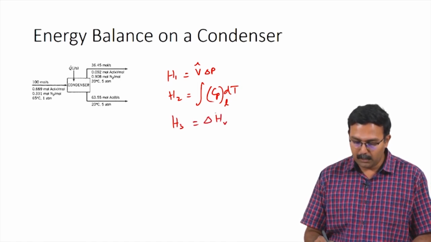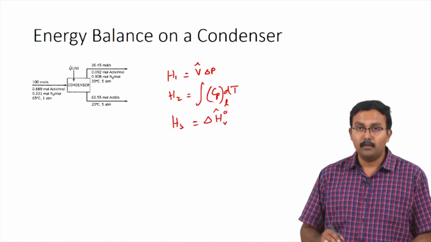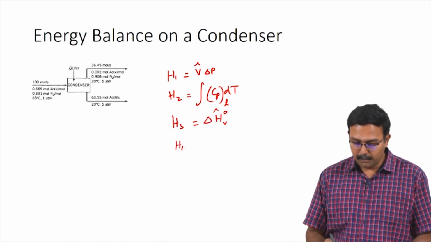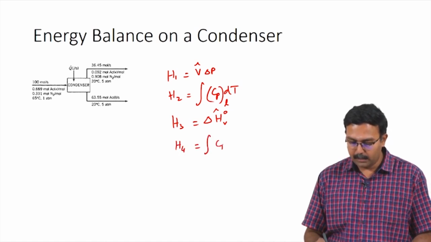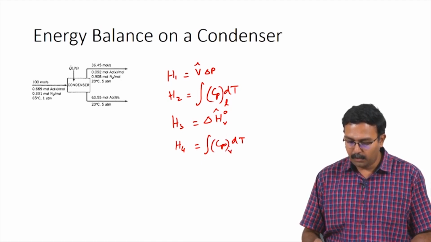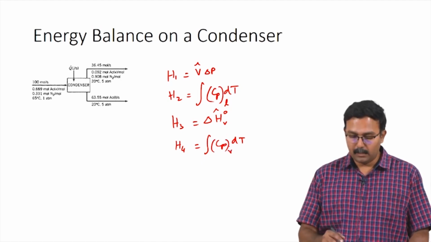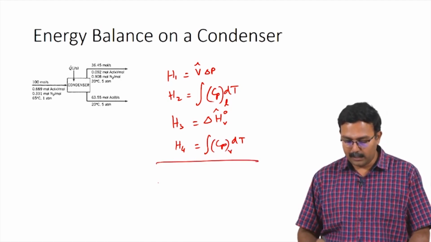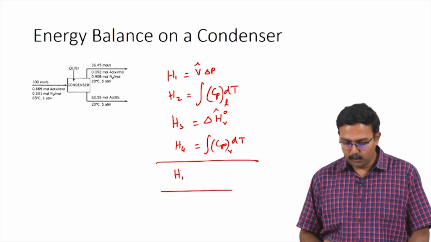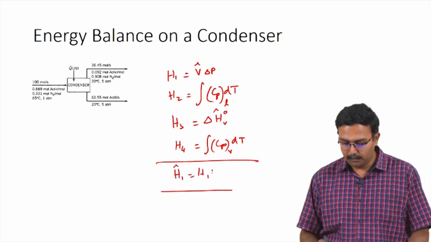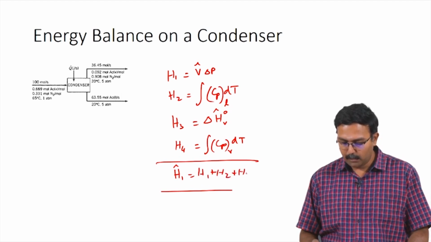So, you would look up the heat of vaporization from the tables. The fourth step is where you have again a change in temperature, it will be Cp dT again, where you will use the Cp for acetone vapor. Now, the summation of these 4 things together will give you H1 cap, which is equal to H1 plus H2 plus H3 plus H4.